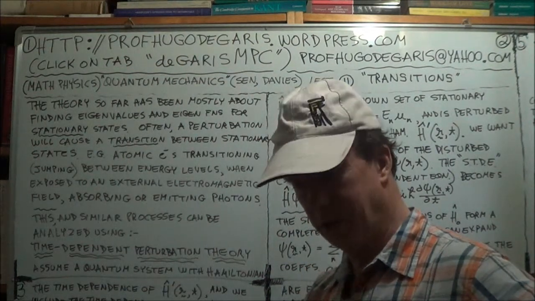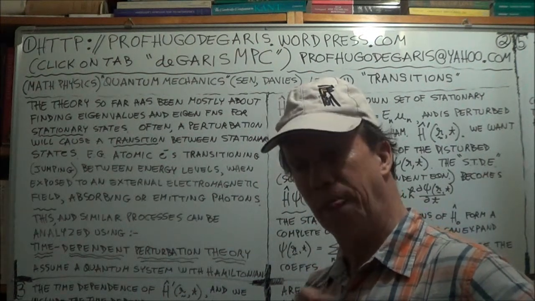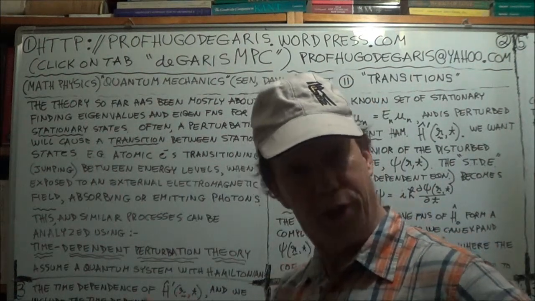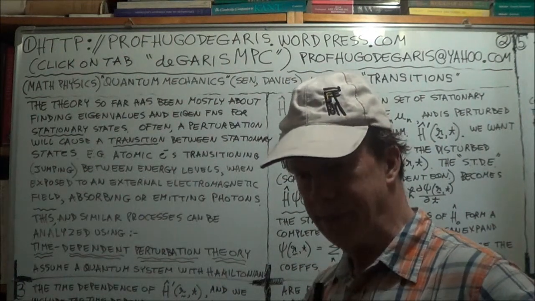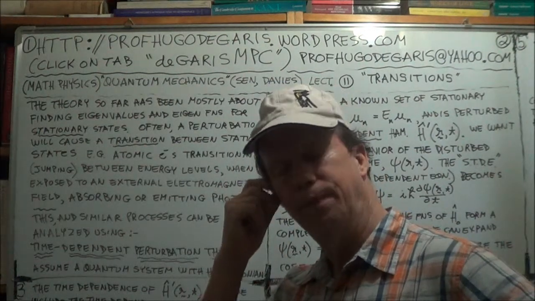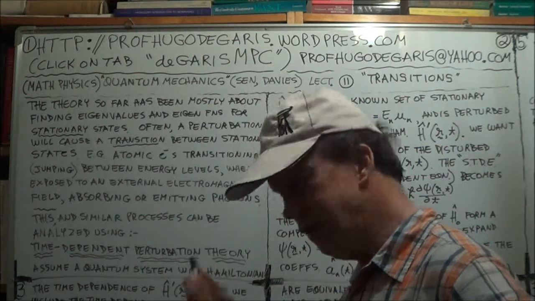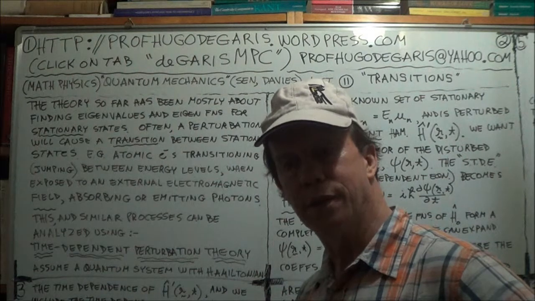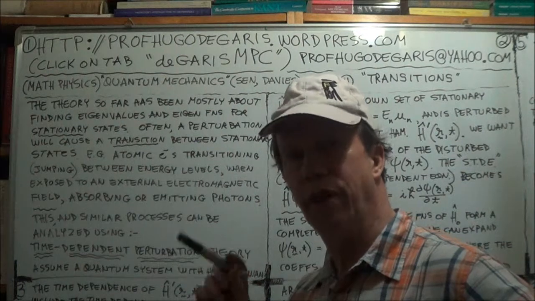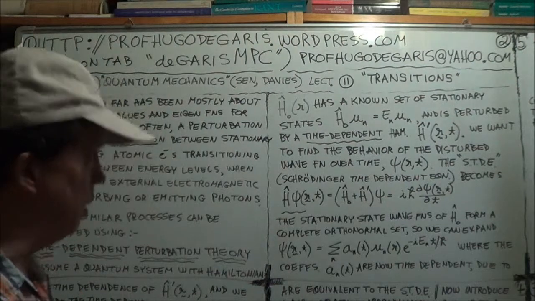The previous chapter talked quite a bit about perturbation theory, where you have a perturbing Hamiltonian, an extra term in your Hamiltonian that's usually smaller than the main one, your H0. So this H dashed, the perturbing Hamiltonian, in this context is now a function of time. Your H dashed has a t parameter in it.